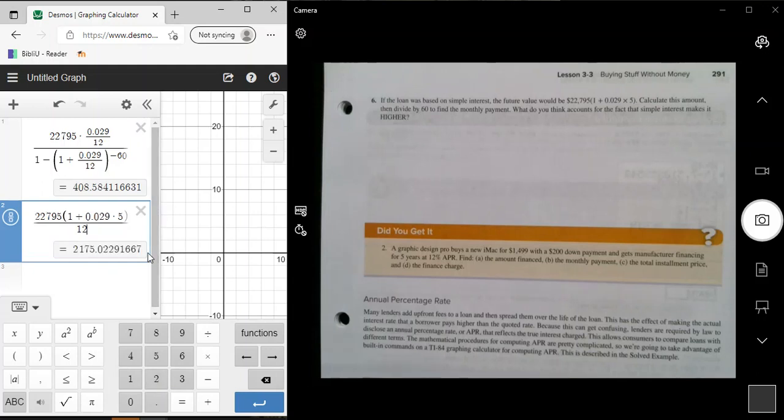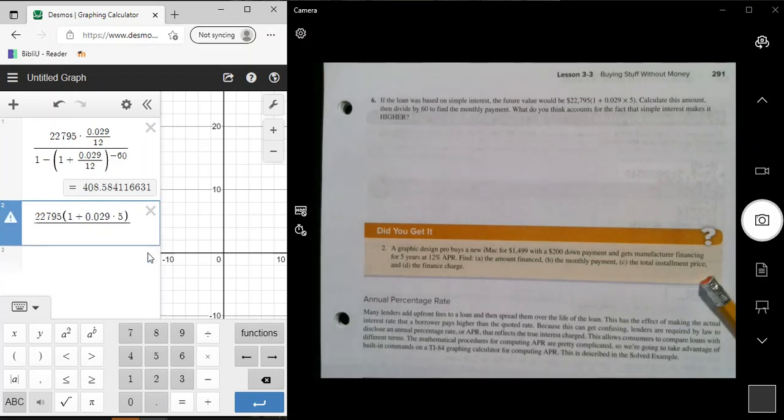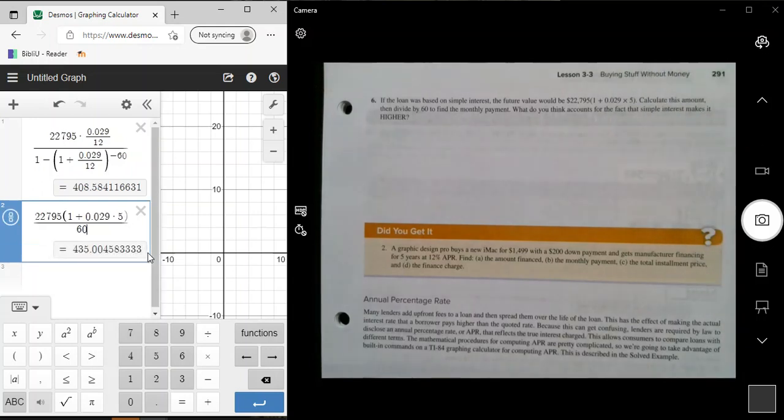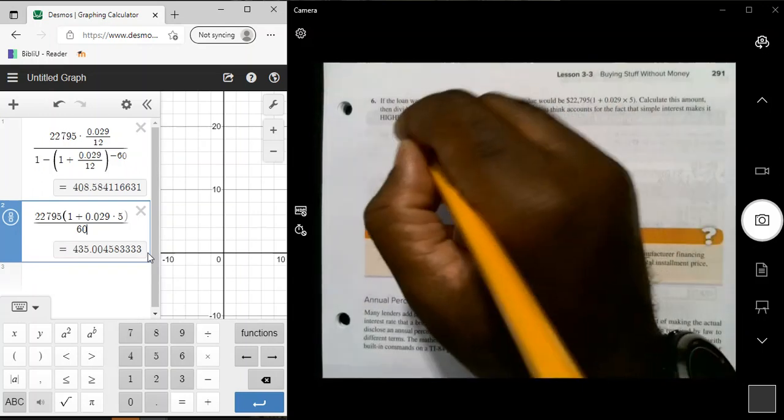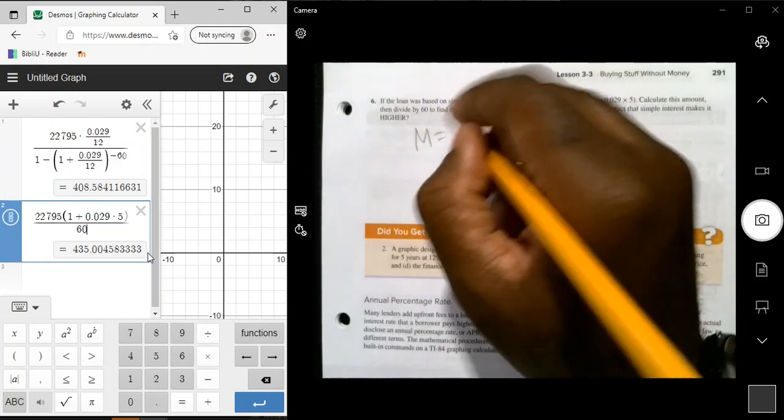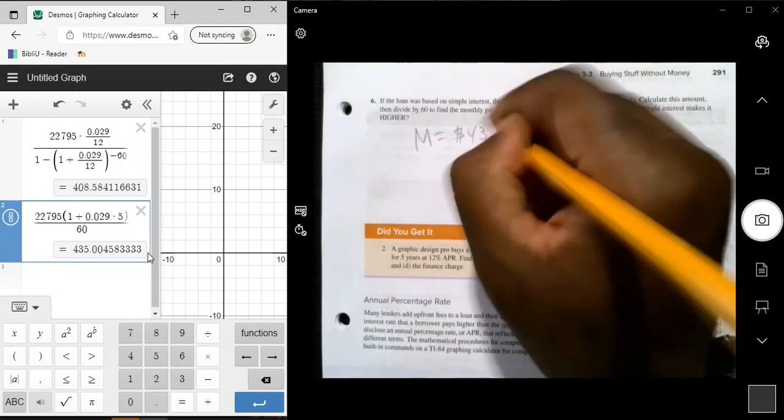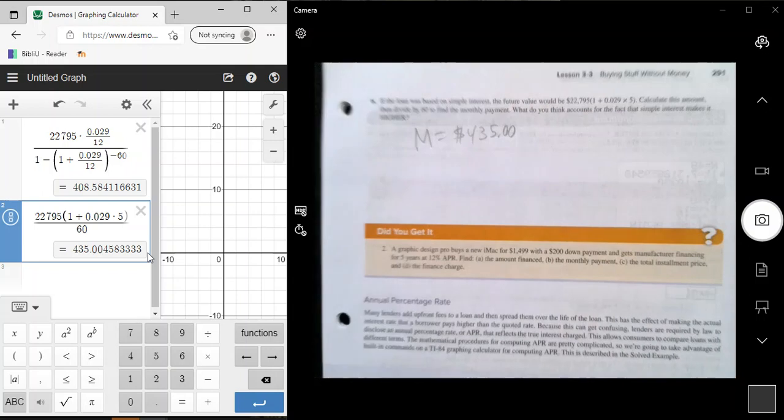And then our monthly payment, oh, you know what? It's actually, no, it was supposed to be by 60, not 12. Okay, so our monthly payment here would be $435. So our monthly payment, according to using a calculator, would be $435.